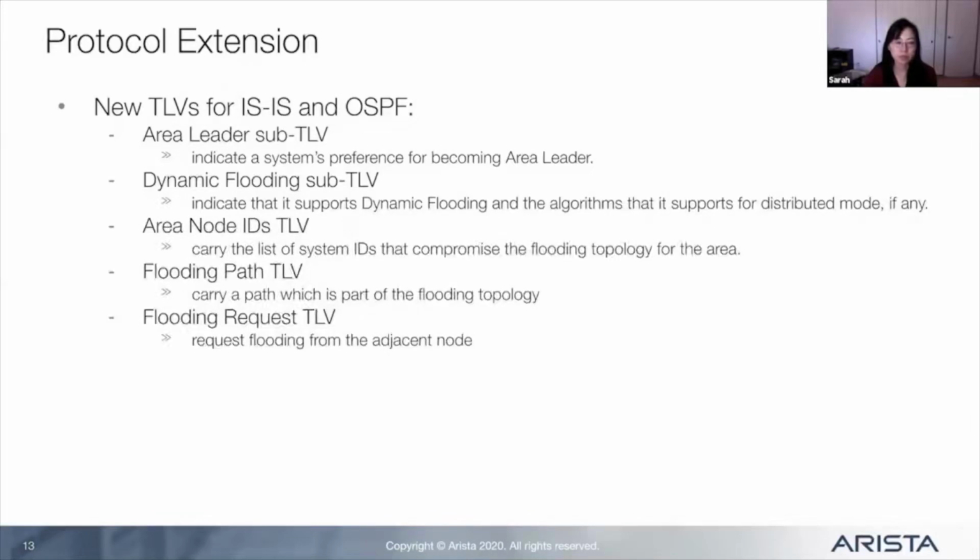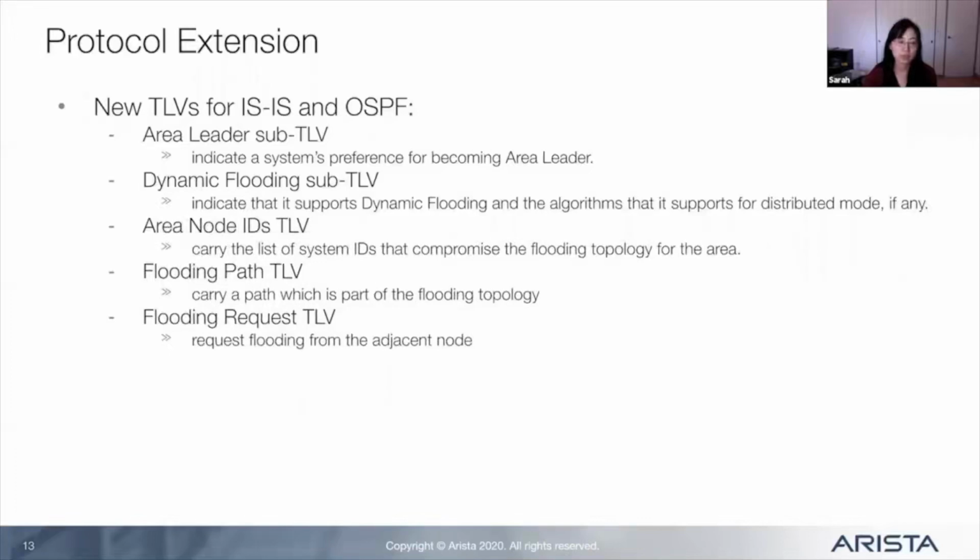And then we have area node ID TLVs. The area leader will assign the area node IDs to every node in the network. And then these area node IDs will be used to encode the flooding topology and then sent in the flooding path TLV.